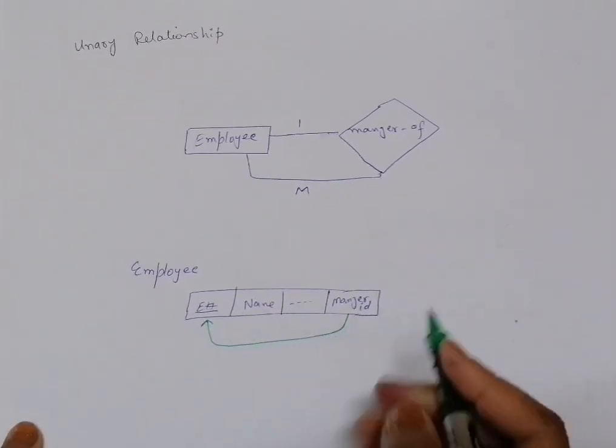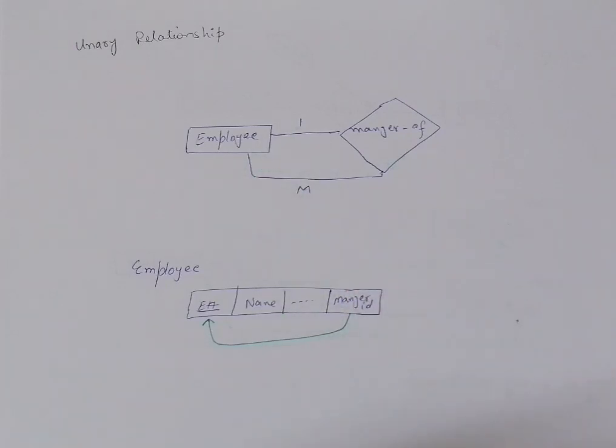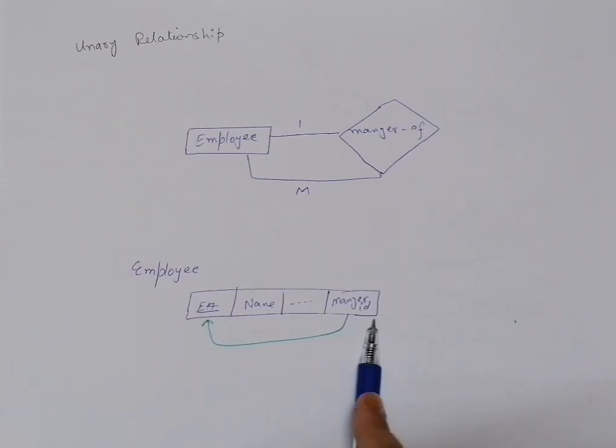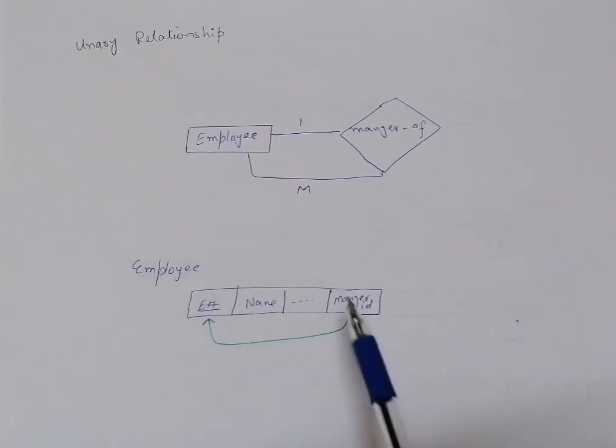This represents the ID of the person who is managing a particular employee. So this is how we manage a unary relationship. We make the primary key a foreign key in the same table that we are working on. This is how we manage binary, ternary, unary, and n-ary relationships.